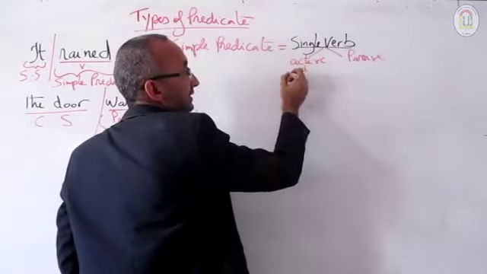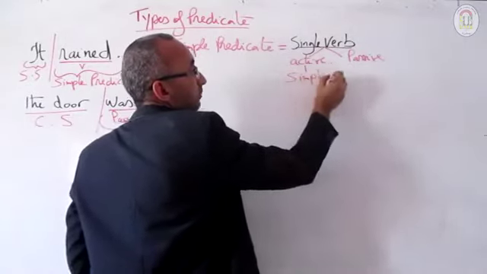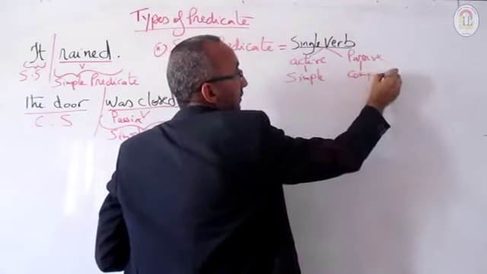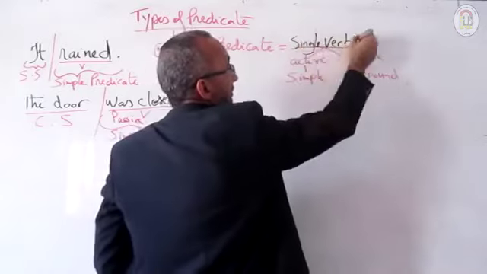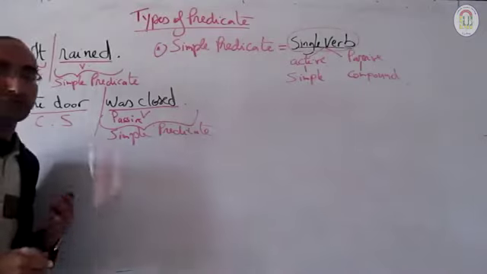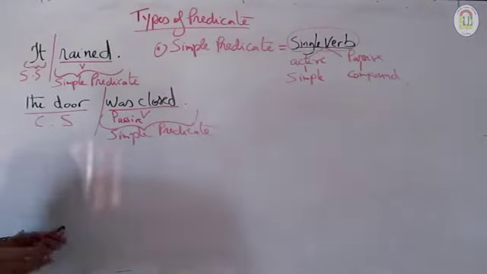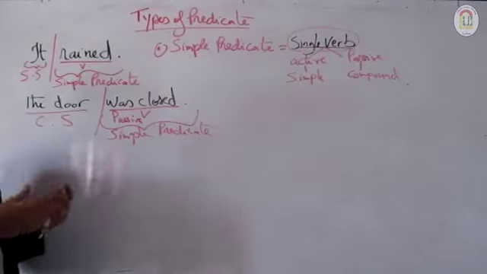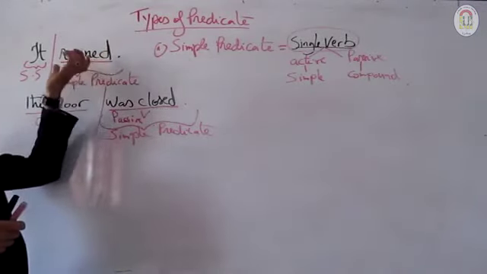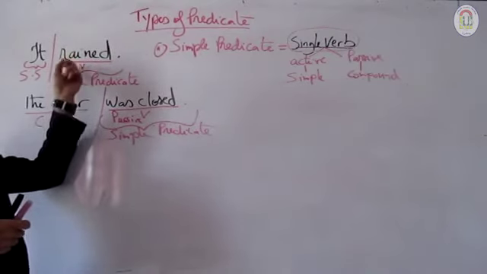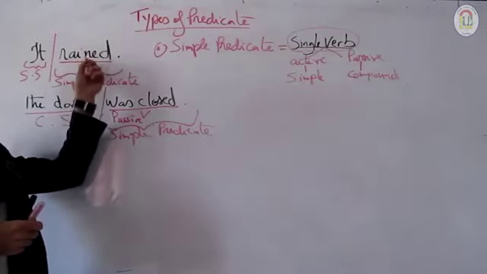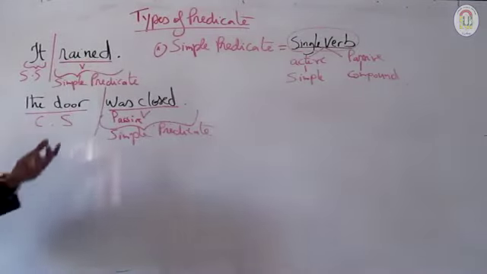Whether its tense is simple or its tense is compound. As long as it's one verb, it is called simple predicate. Alright, so simply, this is the first type of the predicate. When we have only a verb itself, without any other element next to it, we call this one a simple predicate.